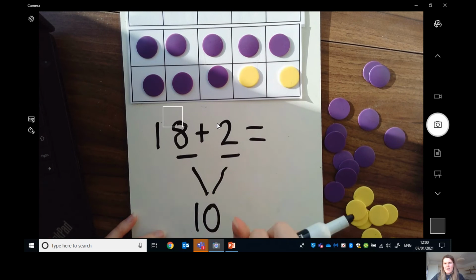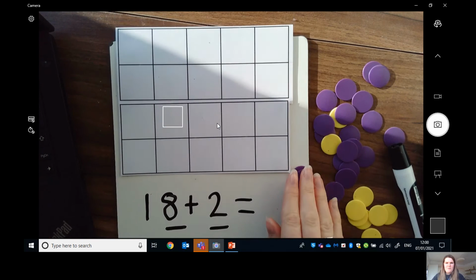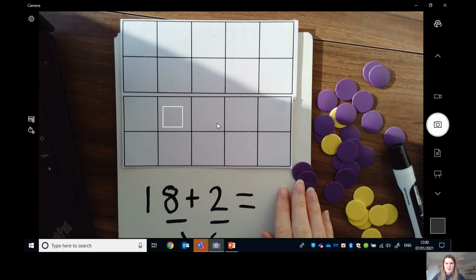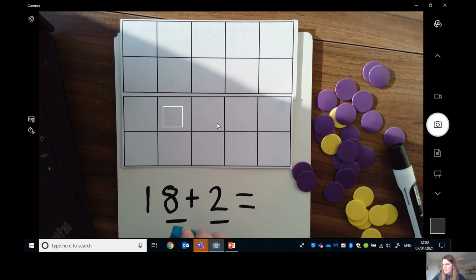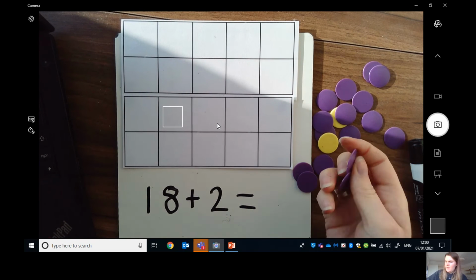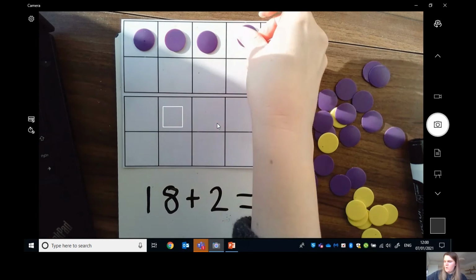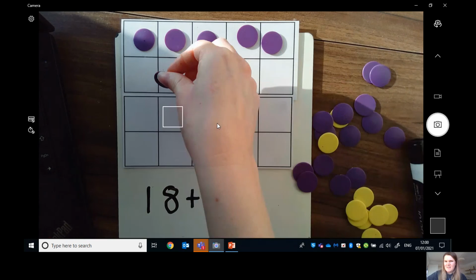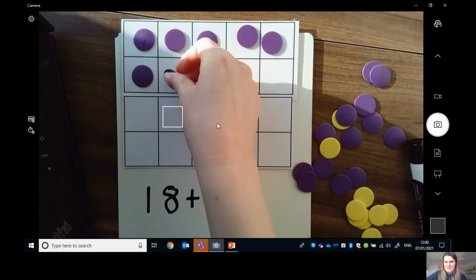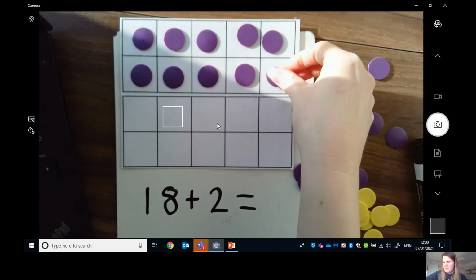So if I want to find out what 18 plus 2 is, I can do something quite similar. First off, I need to find my 18. So I'm going to get my 18. I've got 1, 2, 3, 4, 5, 6, 7, 8, 9, 10.